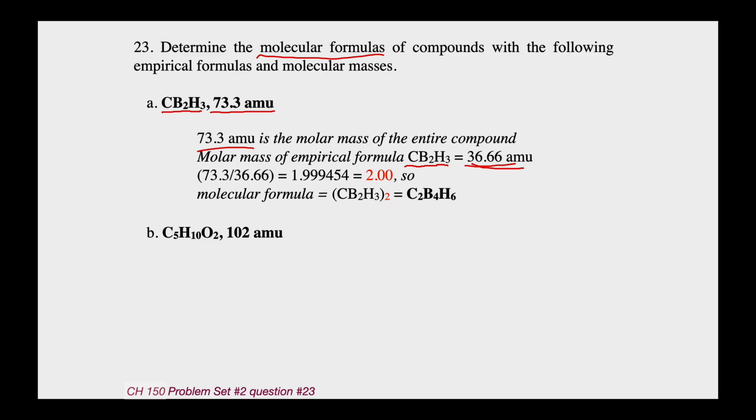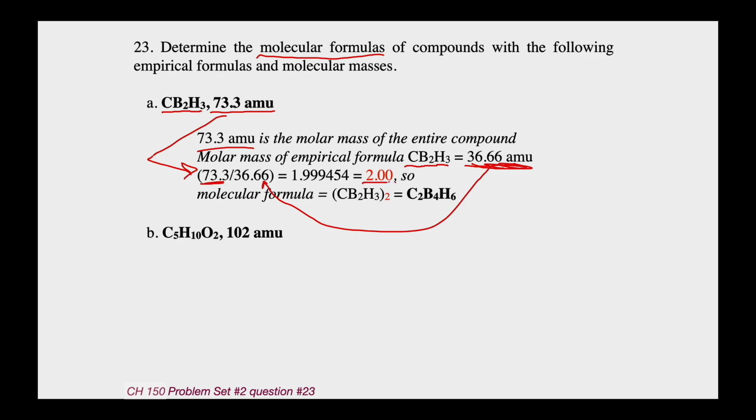Because the empirical formula's molar mass is different than the molecular formula's molar mass, we need to find a ratio. Notice here that you take the number that was given, put it in the top, and this number is going to go in the bottom. You should always get a whole number ratio here.